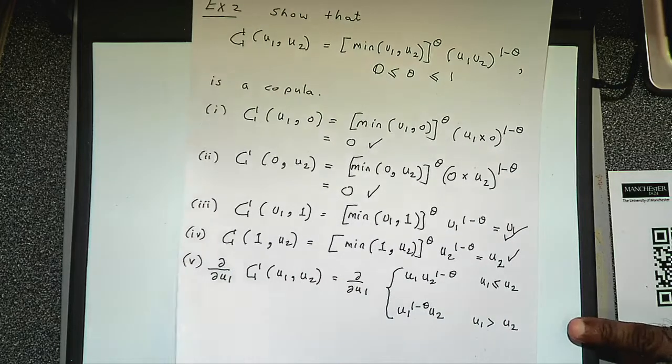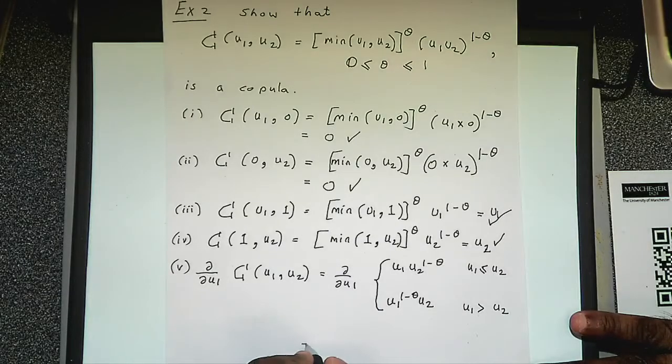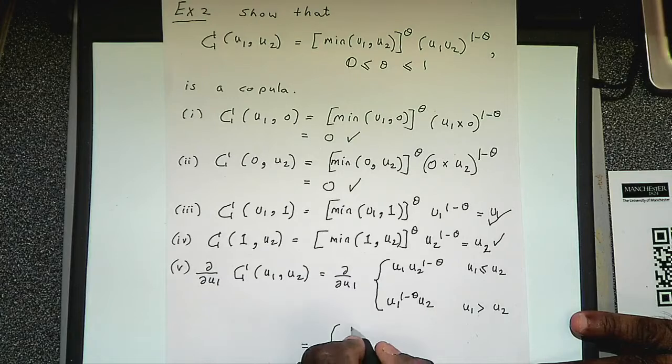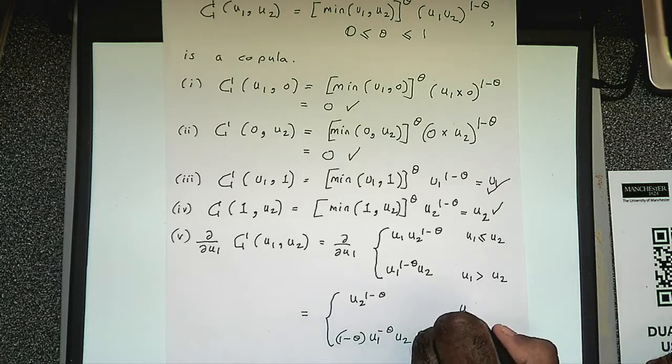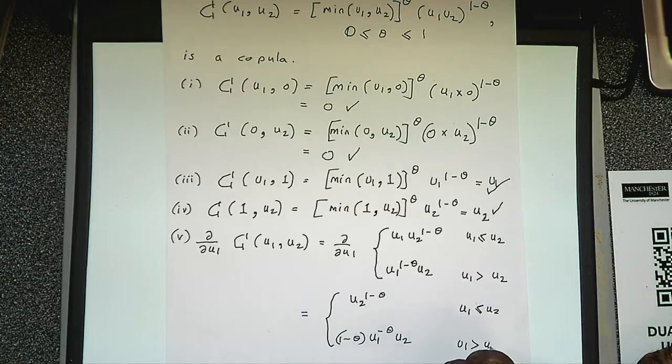Okay, so now you should do the partial derivative with respect to u1. You will get this, and you get this, right?